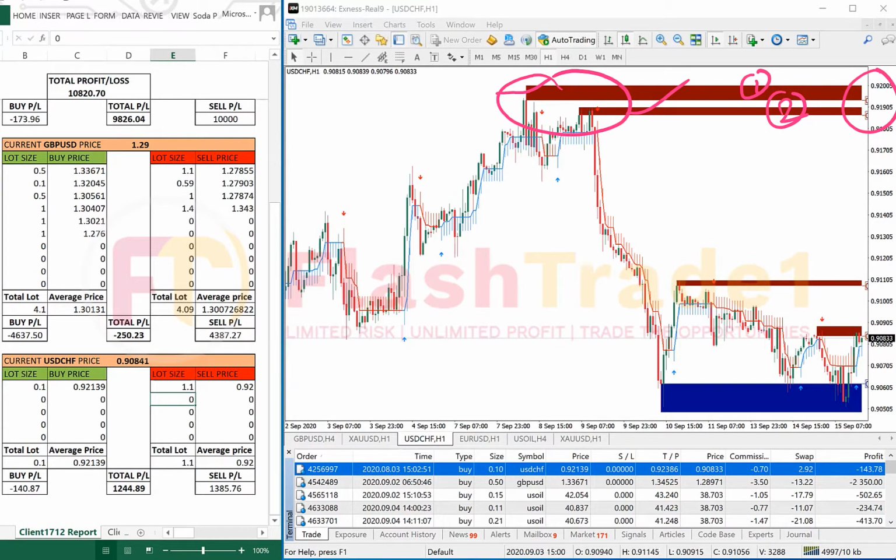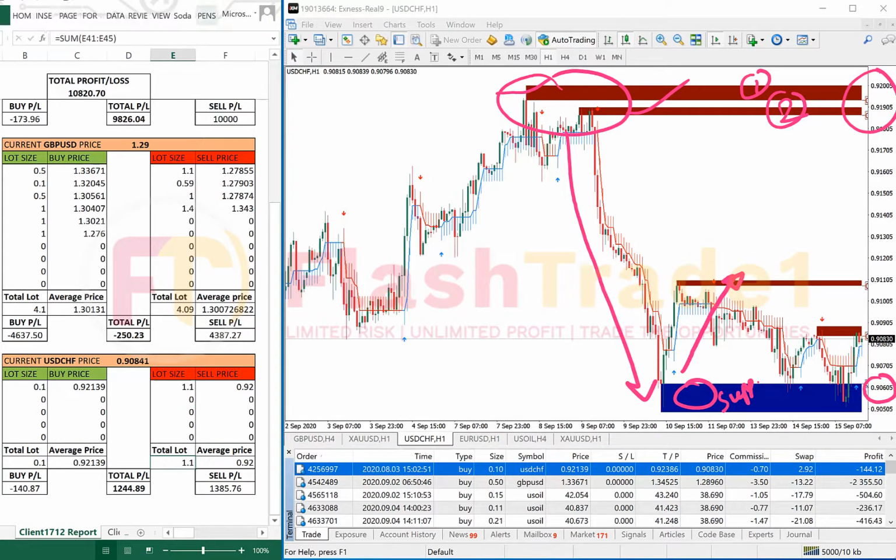And from there it fell down, and these are the support bands. So we take the buy position here, the next buy position near 0.907, or 0.9065. We'll adjust the lot size to match the total 1.1 lot. So we buy here again 1 lot at 0.9065, and that's all.